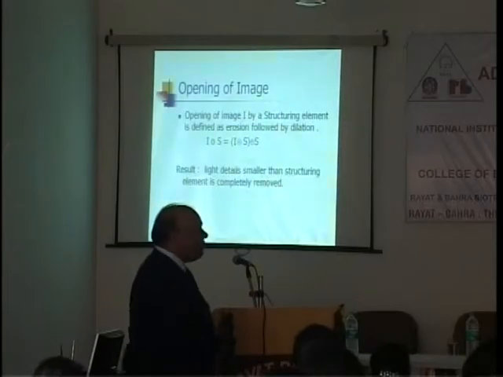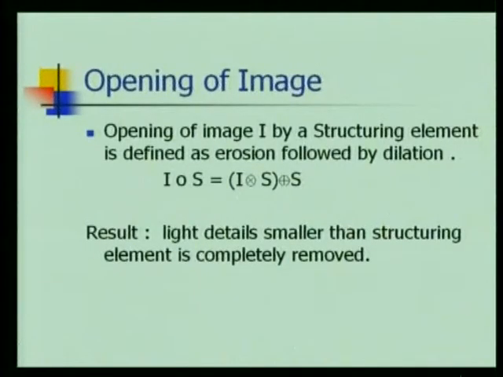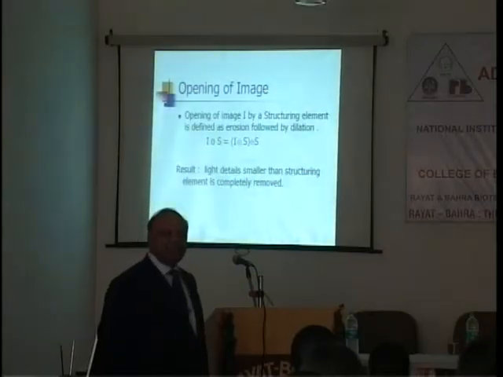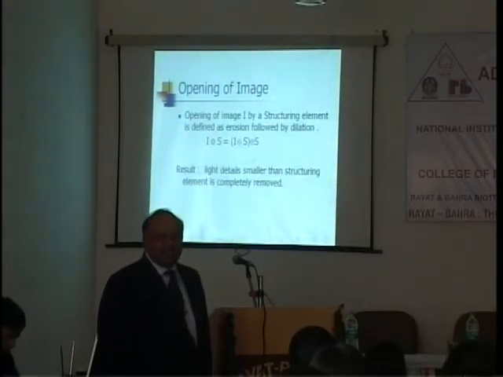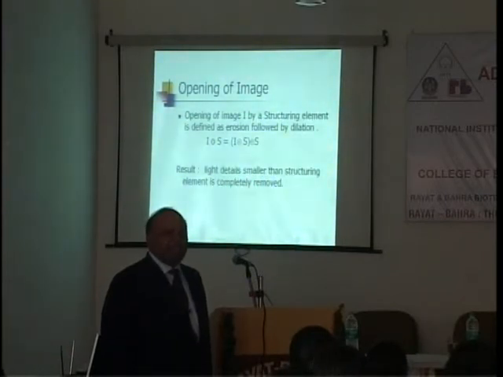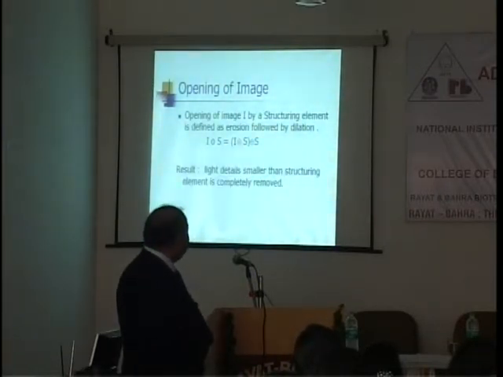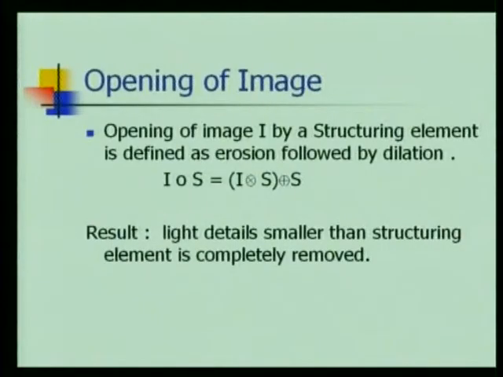One is opening of an image. These are the names given and accepted very commonly by people working in this area. These are standard terminology, and may not have a very close meaning with the effect they have with respect to opening and closing. Opening of an image I by a structuring element is defined as erosion followed by dilation.